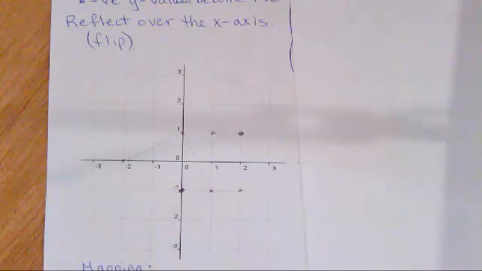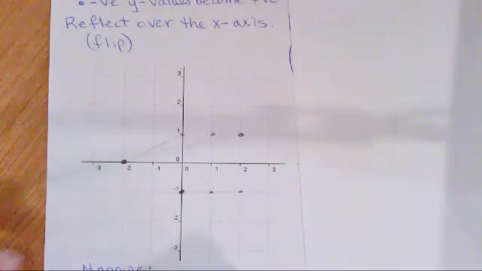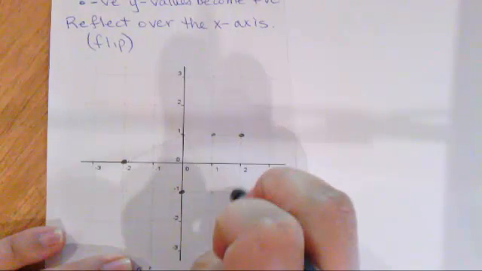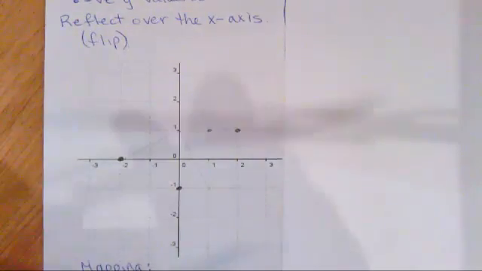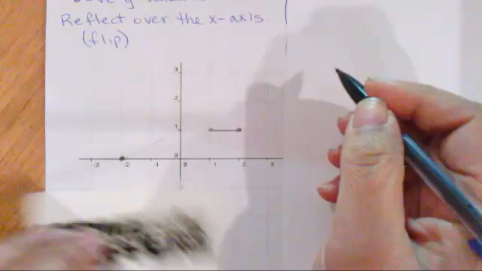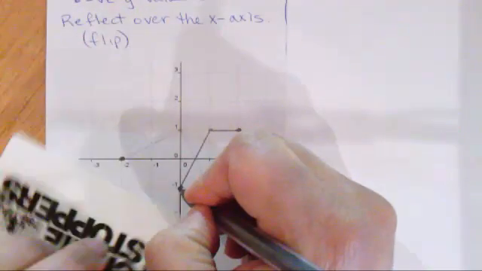And then here we see that this is our y equals 0. Well, y equals 0 multiplied by -1 is going to remain the same. So that's actually one of our invariant points that doesn't change. Let me erase these original ones so we don't get confused, and we take our straight edge and draw the graph of our transformed.